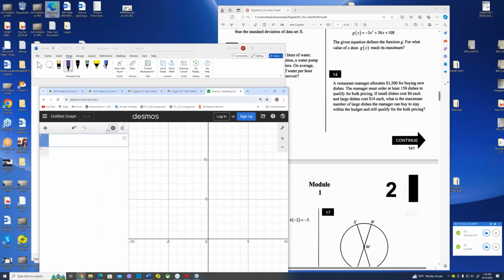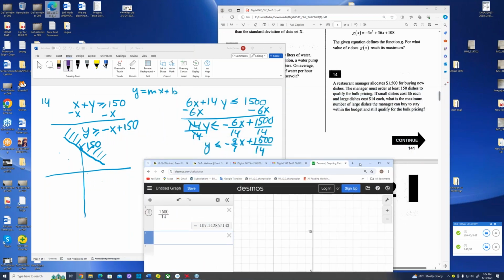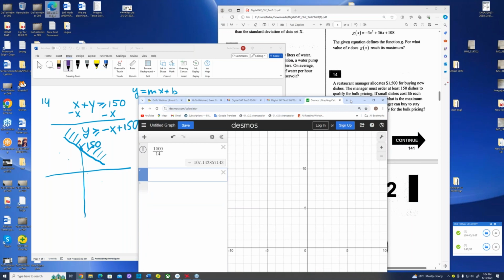What is it? 1500 divided by 14, like calculator. It's 107. Keep in mind, 107. And the second one, we had 3/7, and 3 divided by 7.